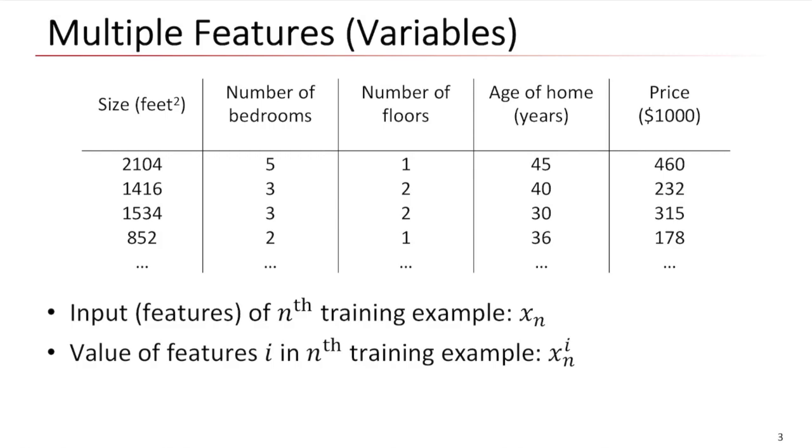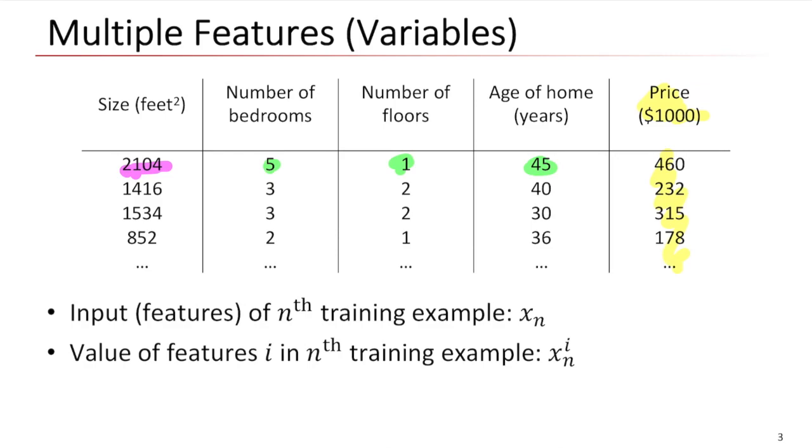What does that mean? To decide the price of a house, we consider not only the size of the house but also several factors like the number of bedrooms, number of floors, and the age of the house.